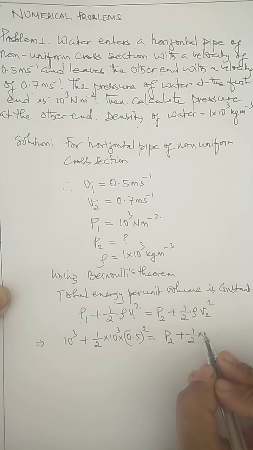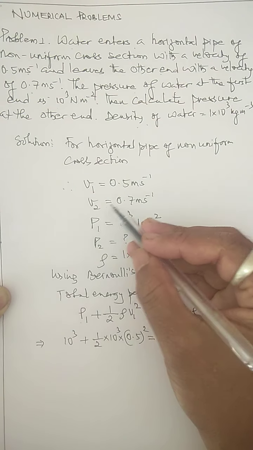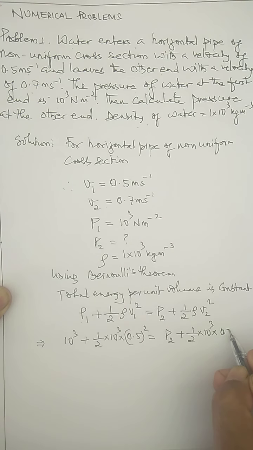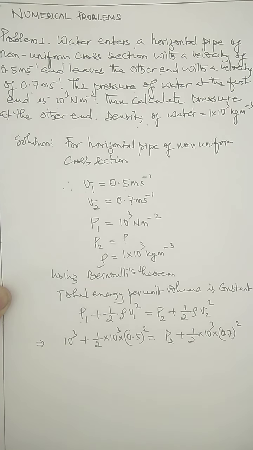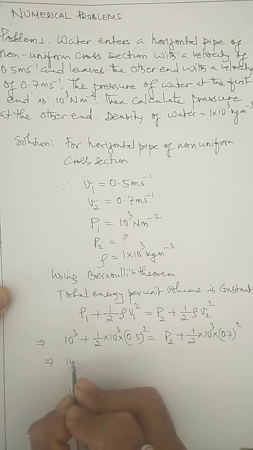Density of water is the same, that is 10 to the power 3 only. And v2 means 0.7, with whole square. Okay, so let's simplify. This is 1000.